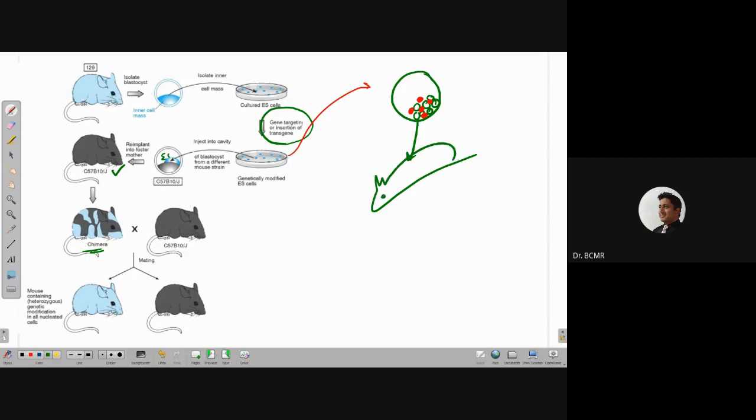The total of this whole mass is going to give rise to the mouse. Some parts of it will be derived from the green ICM, and some parts of it would be derived from the red ICM.